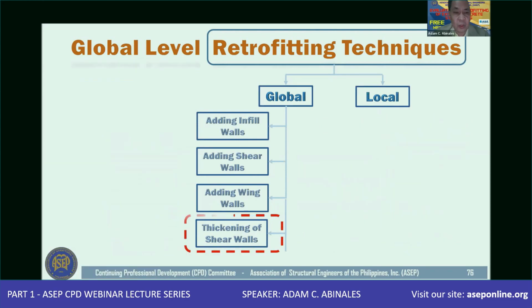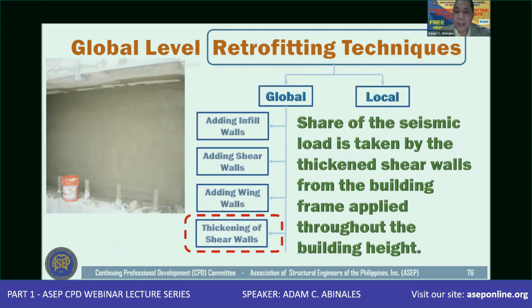Thickening of the shear wall. Basically, the share of the seismic load is taken by the thickened shear walls from the building frame, applied throughout the building height. If the thickening of the shear wall will not happen throughout the building height, then it would be local. So the effect would be local.